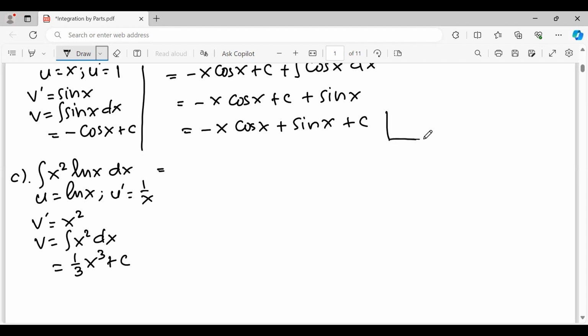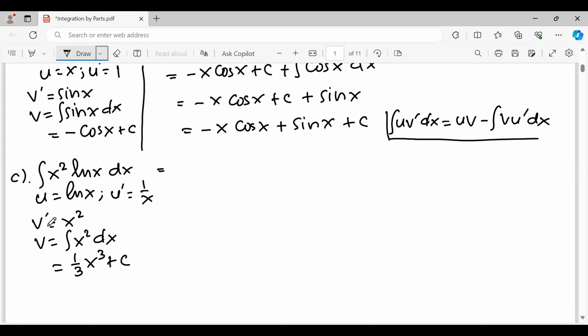Just a reminder that the formula: integral u times derivative phi dx equals u times phi minus integral phi times derivative u dx.